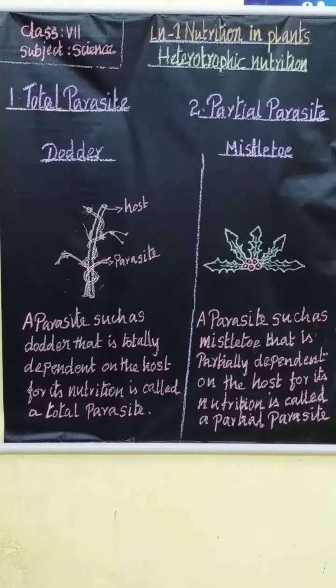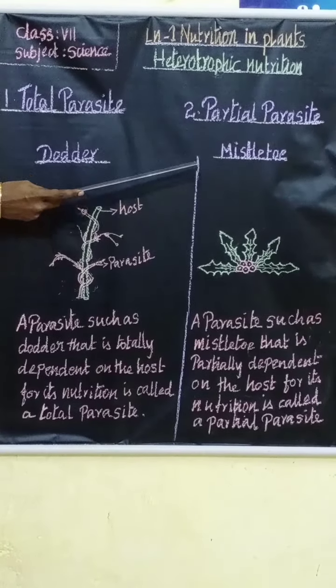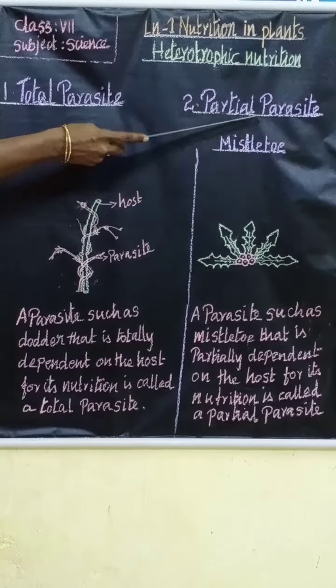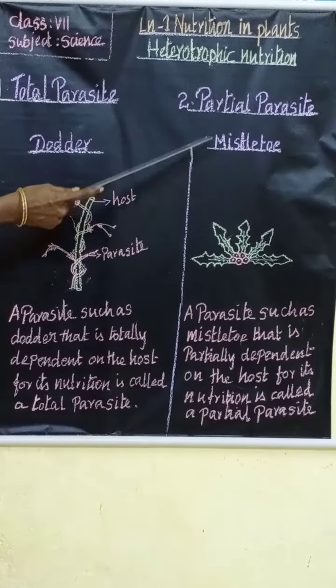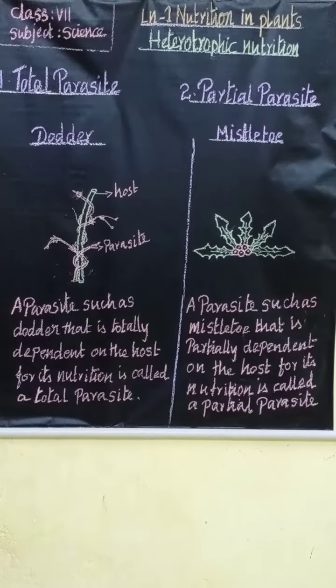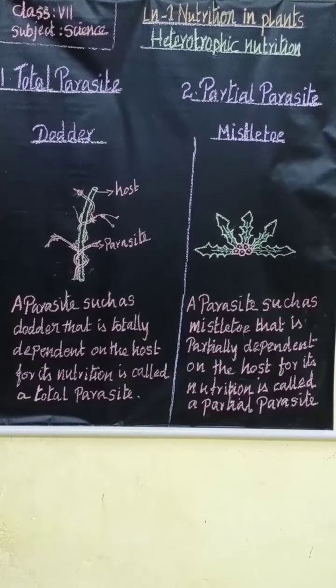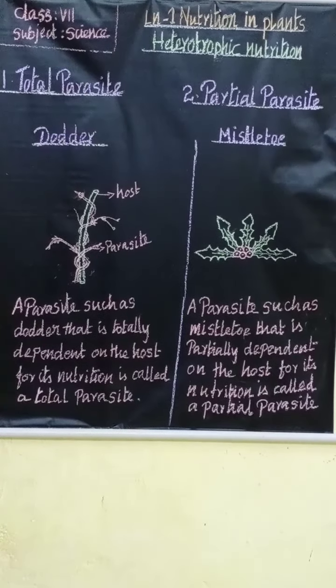Now we are going to learn about mistletoe. It is called the partial parasite. Mistletoe is classified as a partial parasite. Partial parasite means hemi-parasite, that is the half parasite.